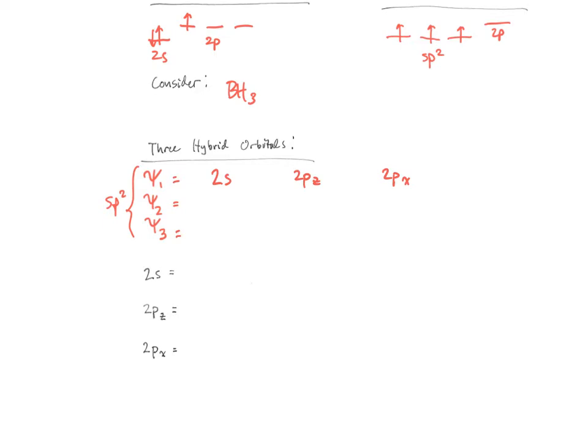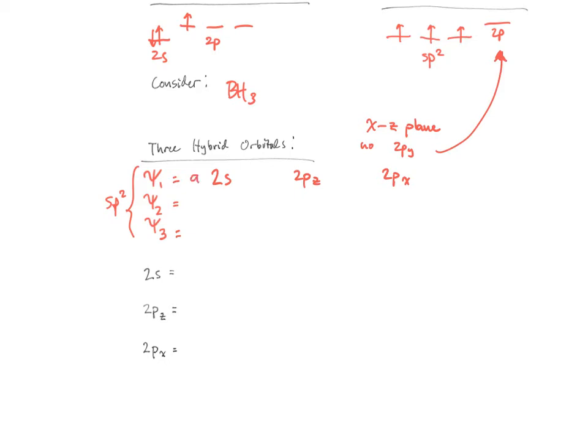We're going to assume that it's lying on the xz plane, so there's going to be no 2py orbital characteristics in any of our hybrid orbitals, because that's going to be this orbital up here. That's the 2p orbital sitting out away from those, up perpendicular to the plane of our hybrid orbitals.